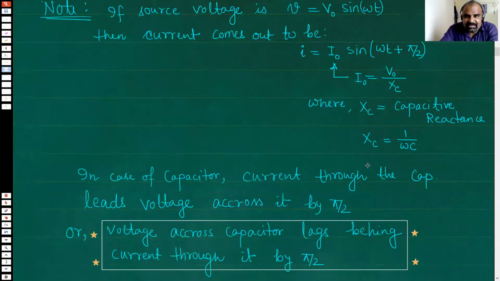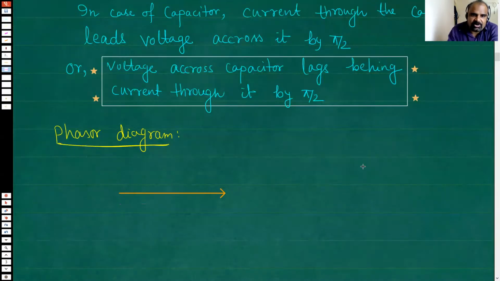Current phase angle is greater. So current should be drawn ahead of voltage like this. So this current and this voltage, current is ahead of voltage. Is that fine? Yes, sir.